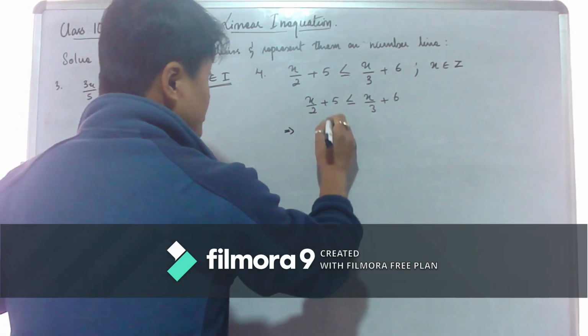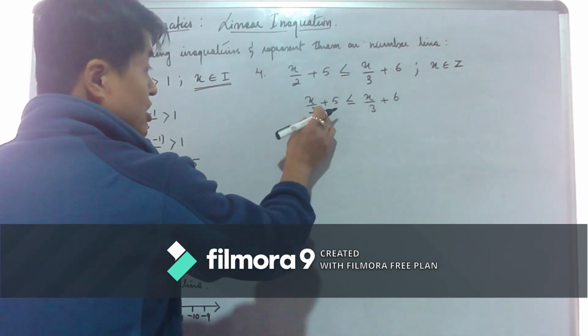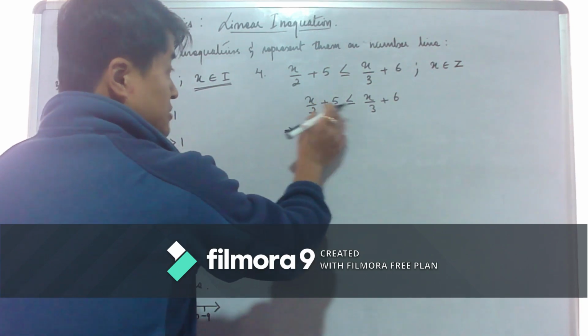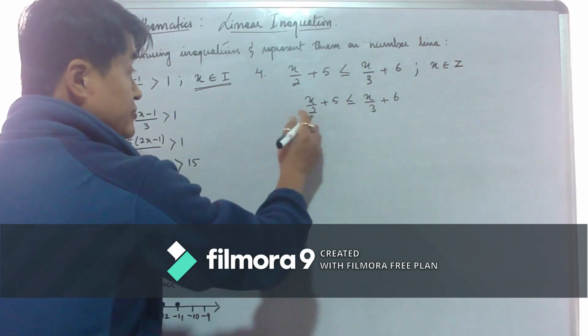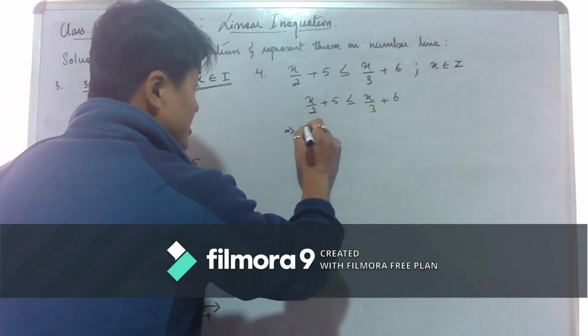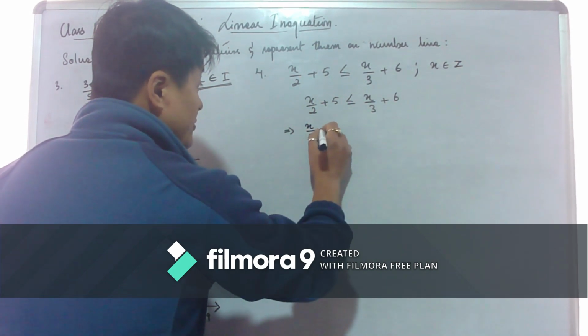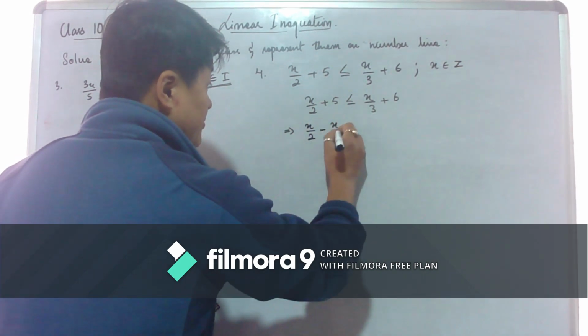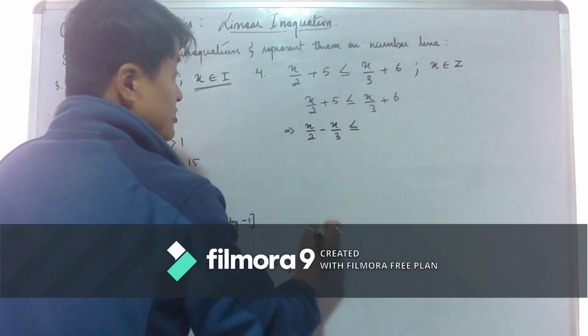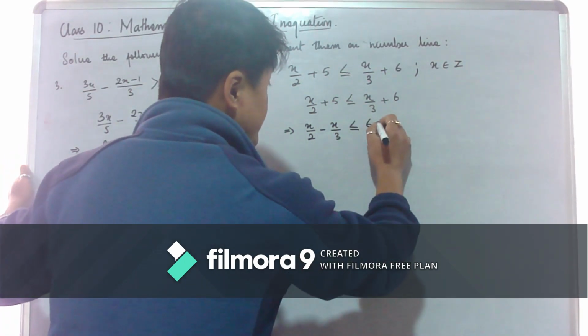Question number 4, here I have already written. From here, if you see, terms are separate, so first we will bring the variables together. x upon 2 minus x upon 3 is less than or equal to 6 minus 5. 5 will go to the other side, minus 5.